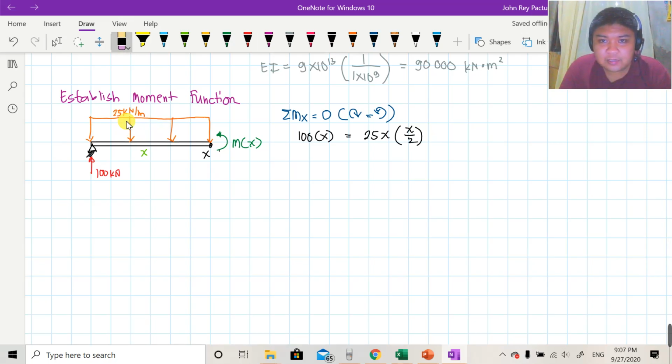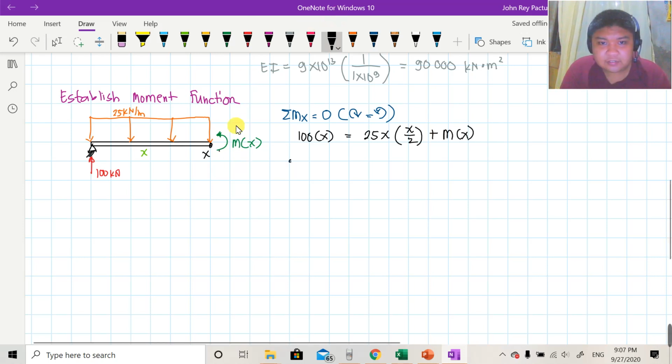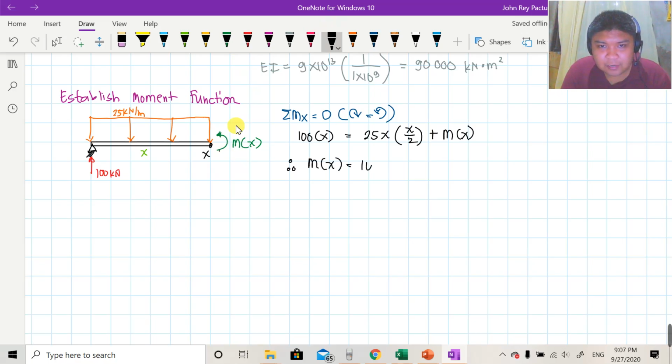That is what happens, since our moment function is counterclockwise. Therefore, the moment at x is equal to 100x minus 25 over 2 x squared. So you now have the moment function.